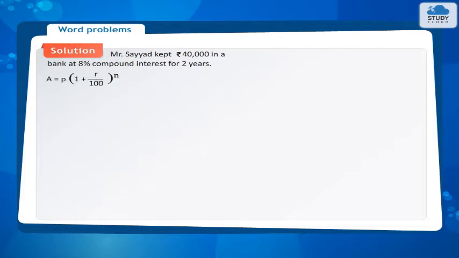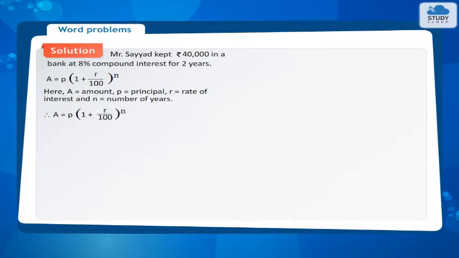A is equal to P into 1 plus R upon 100 raised to N. Here, A is equal to amount, P is equal to principal, R is equal to rate of interest, and N is equal to number of years.